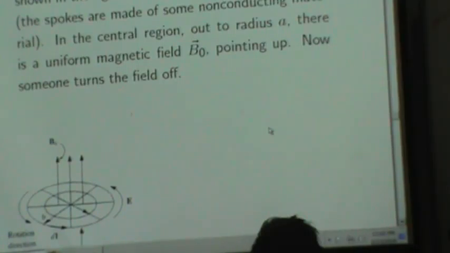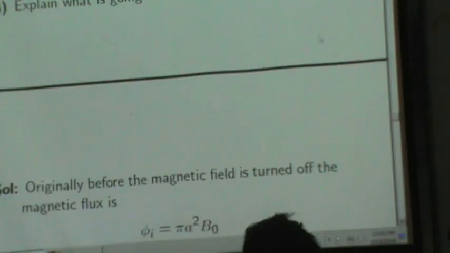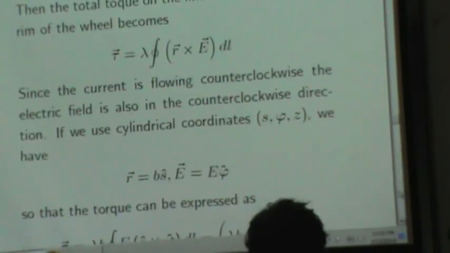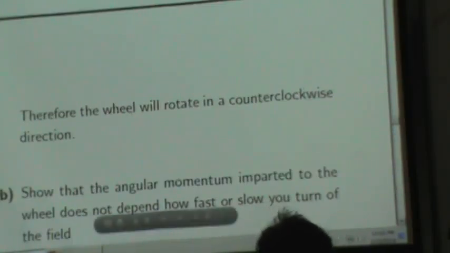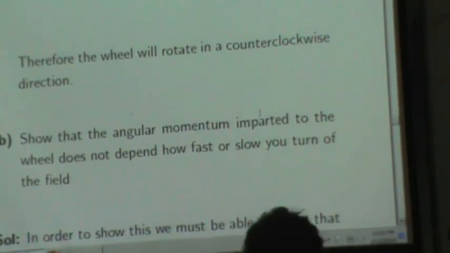So what's going to happen? It will start to rotate. Why does it rotate? The question is to explain what's going to happen, and obviously it's going to rotate, and I'll show you in a moment why it rotates. And the second part is to show its angular velocity.